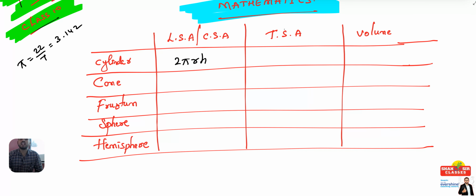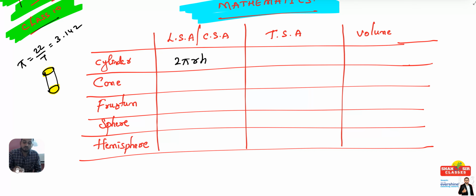What is the meaning of total? Children, only for this one topic, I'll give you a small explanation. See, this is our cylinder, isn't it? This is the shape of a cylinder, right? Now, in the shape of a cylinder, you can see this is one surface.